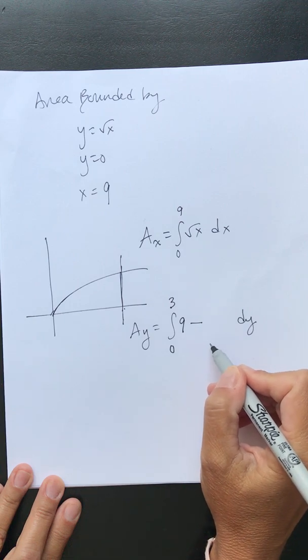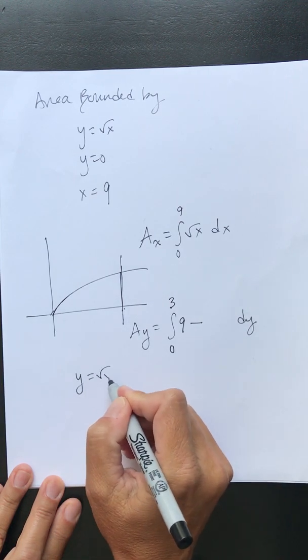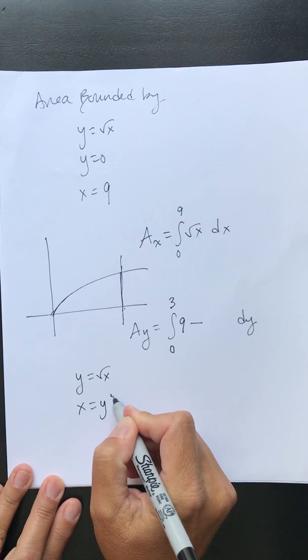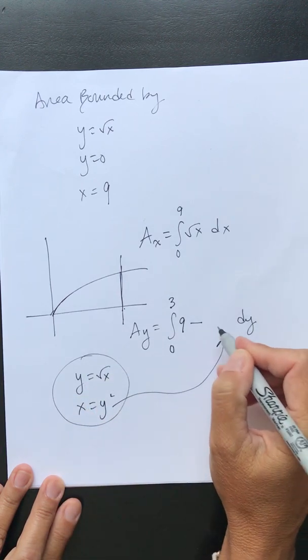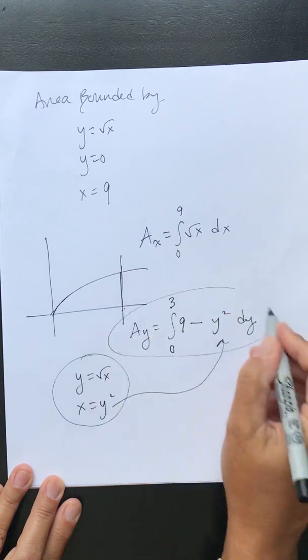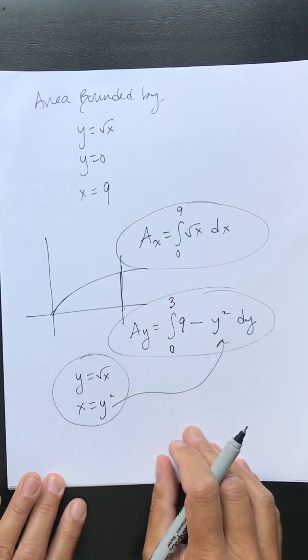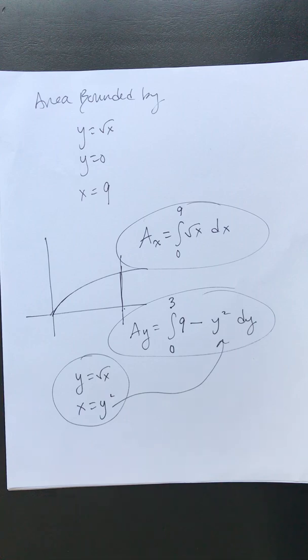So I can't put rad x in here. If y equals rad x, then x equals y squared. These are equivalent graphs, so what's going to go in here is this one. And this area and this area are going to give you exactly the same numerical answer. Go ahead and verify that you get the same thing both ways.